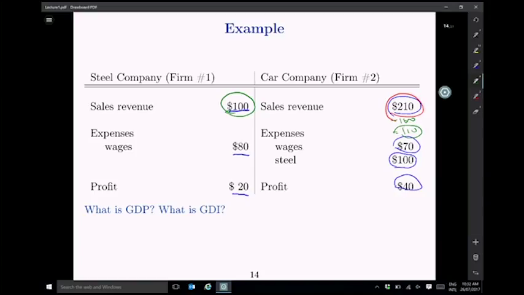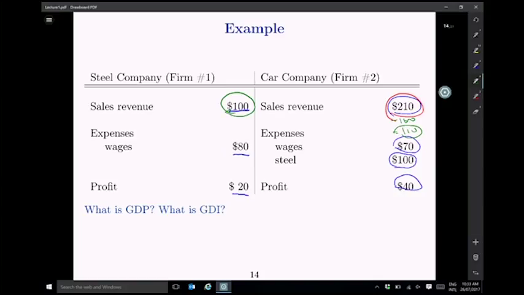Now, the third measure: what if we look at total income? This is a harder one because to look at total income, we first need to find who owns income in this economy. Of course, it is apparent from this table here. We have workers who work in the steel company. We also have workers who work in the car company. So presumably, these workers should be considered when we calculate total income. But who else? Firm owners of the car company and the steel company, right?